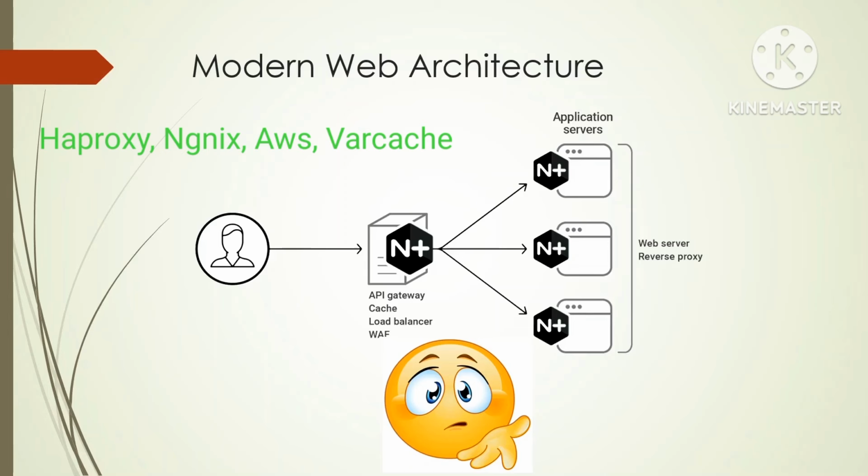Different kinds of tools are there: HAProxy, nginx, AWS, web cache. They are used for maintaining different things, like load balancing, caching, and SSL termination, and all these are basically meant to improve the performance of the application server.